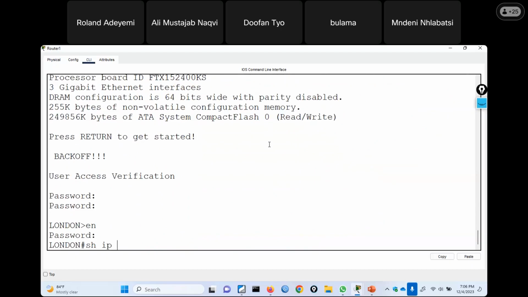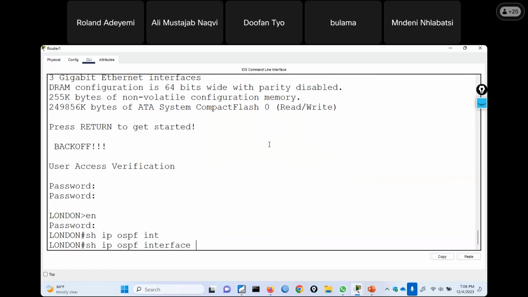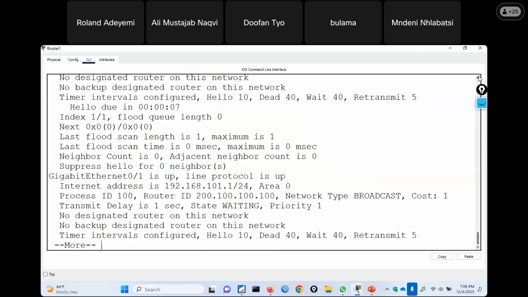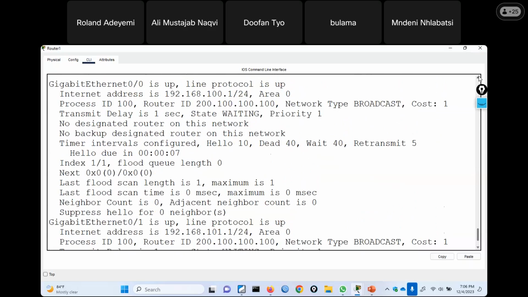Show ip ospf interface. I should have used a lower one, but you got the idea. What did you see here? The router ID is 200.100.100.100, not because it is higher than the other one, but because it is a loopback interface address.